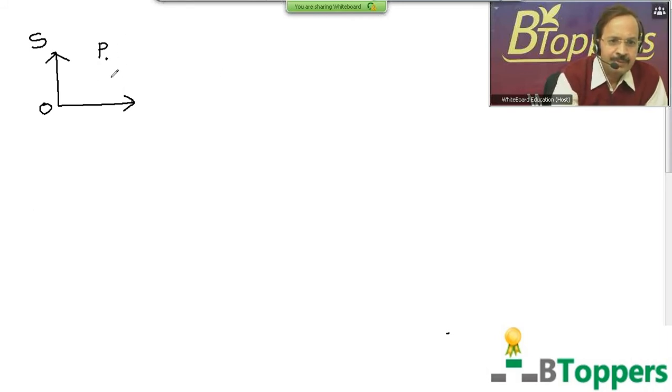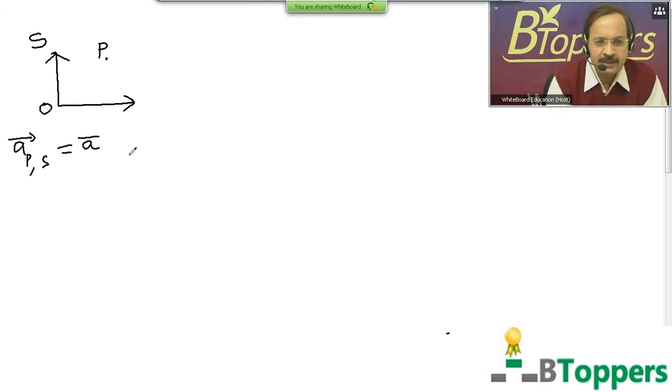Let us suppose the acceleration of the particle with respect to the inertial frame, I denote it by a bar. So a bar is acceleration of the particle. Usually when we say acceleration of the particle is, for example, 3 meters per second square towards east, we mean that acceleration of the particle is 3 meters per second square towards east with respect to laboratory frame of reference.